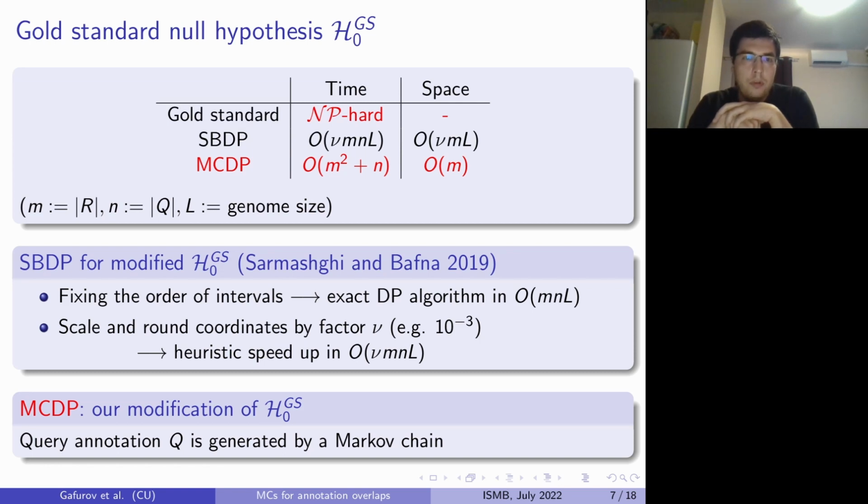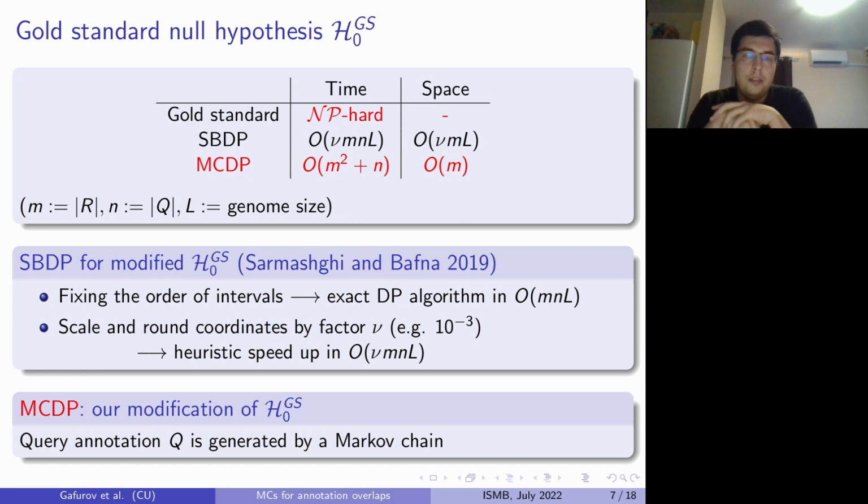One of the attempts was conducted by Sarmashki and Bafna in 2019, where they modified the null hypothesis by restraining the order of intervals. So we are no longer able to switch the order of intervals, but we are only allowed to play with the gaps.